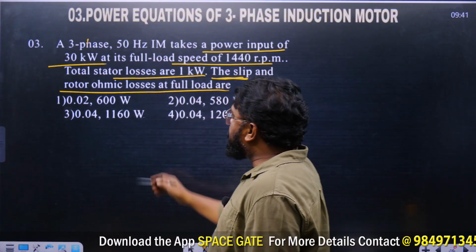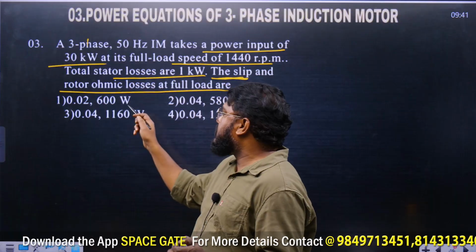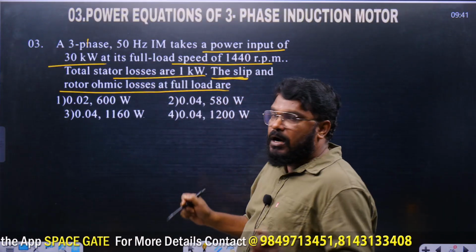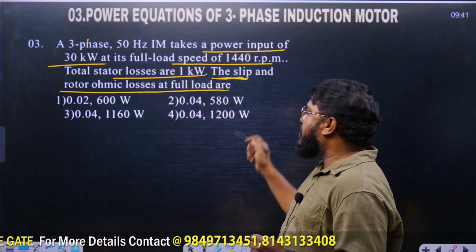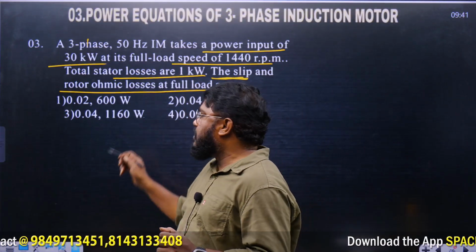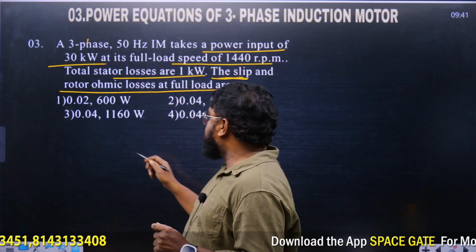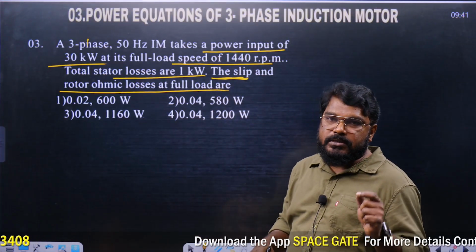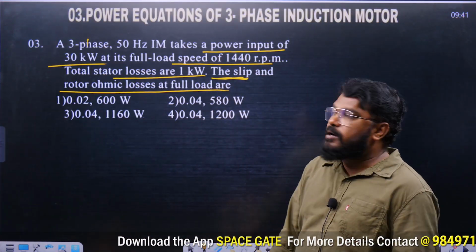Option 1: 0.02, 600 watts. Option 2: 0.04, 580 watts. Option 3: 0.04, 1160 watts. Option 4: 0.04, 1200 watts.